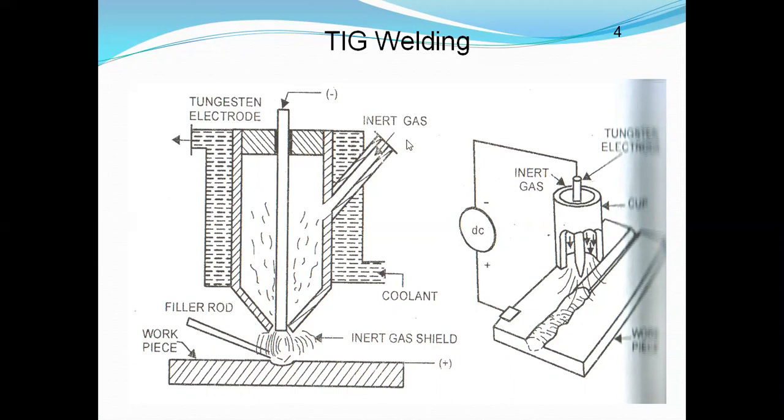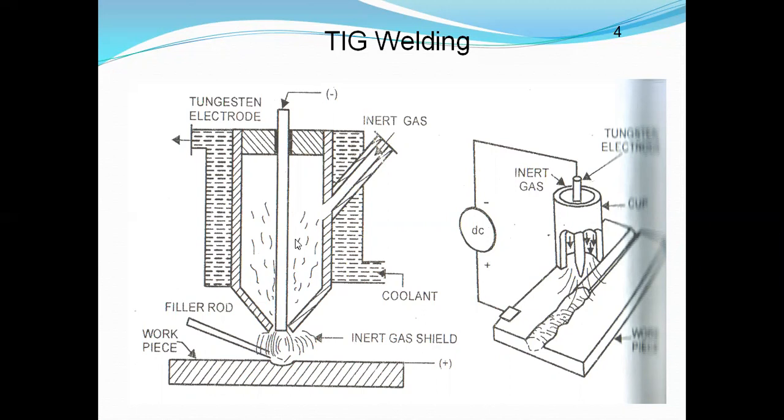And here, one inlet is provided on this TIG welding machine for inert gas, which may be helium, neon, argon, krypton or xenon. These inert gases come through this way. Why are we providing these inert gases?